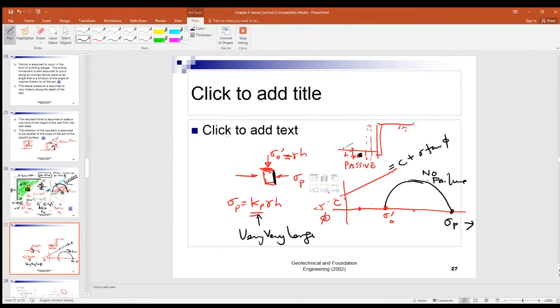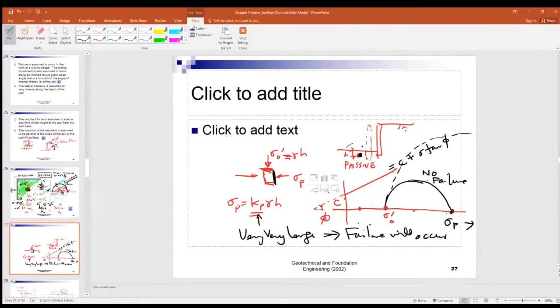If you draw the Mohr circle, that means it will fail. Failure will occur.